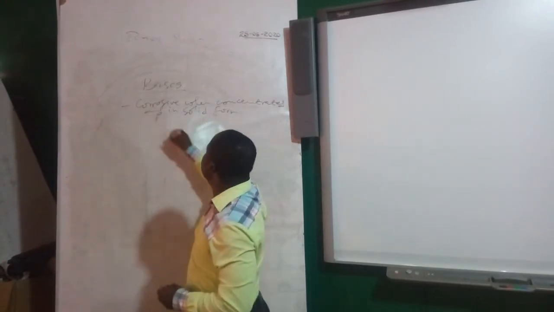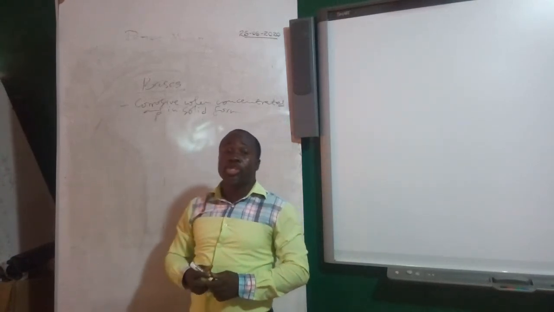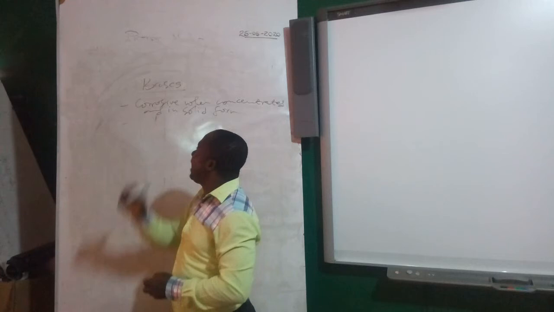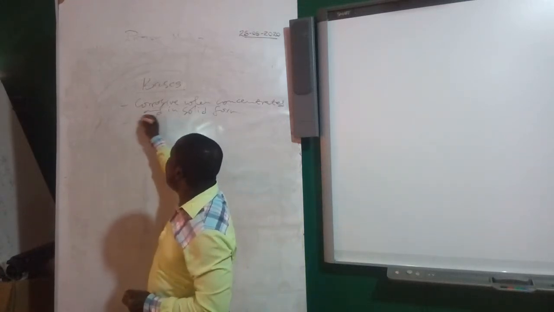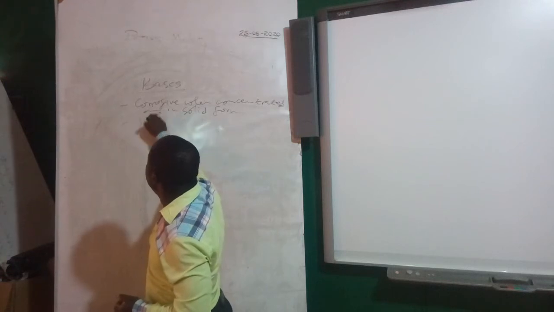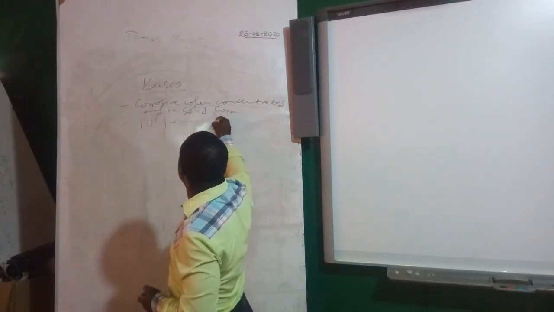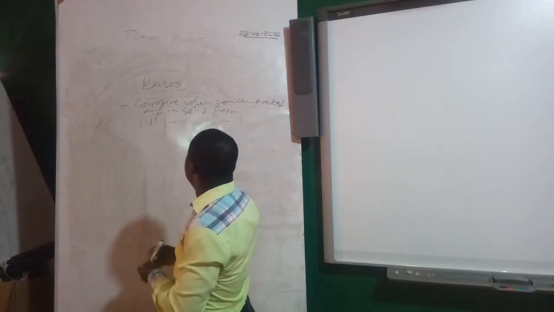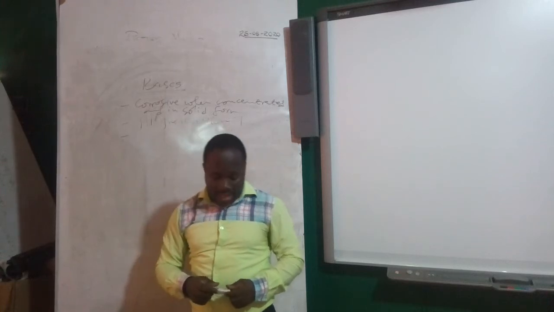So bases are corrosive when they are concentrated and also in solid form. Again, we should also know that bases have pH greater than 7. They have pH greater than 7. We should take note of that.